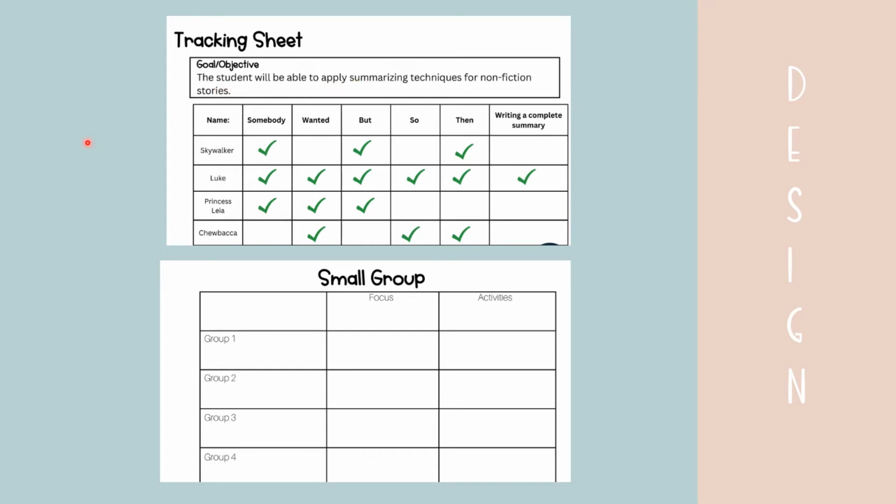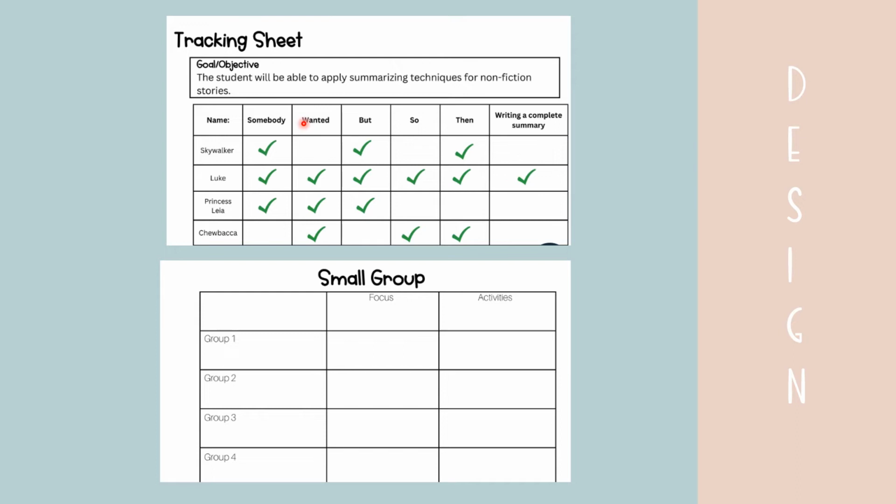And the teacher tracked the data by placing check marks in the boxes of what the student knew. So for instance, Skywalker, Luke, and Princess Leia were all able to identify the somebody of the nonfiction story. And then Luke, Princess Leia, and Chewbacca were able to identify the wanted component of a nonfiction story.